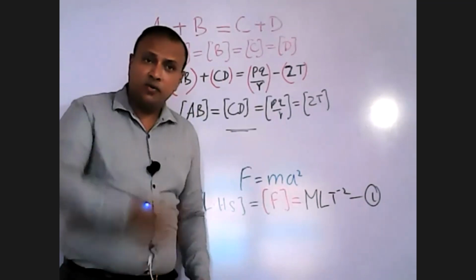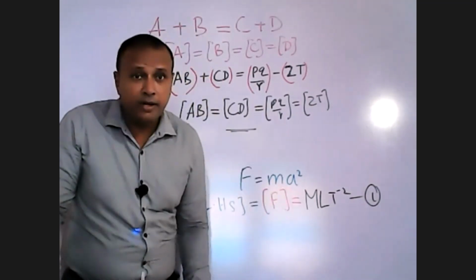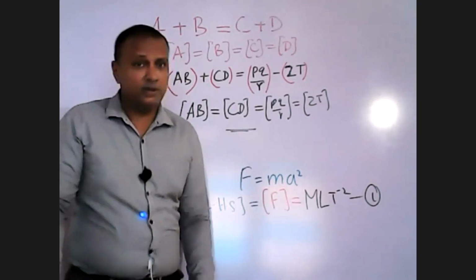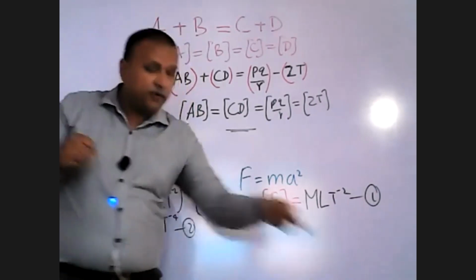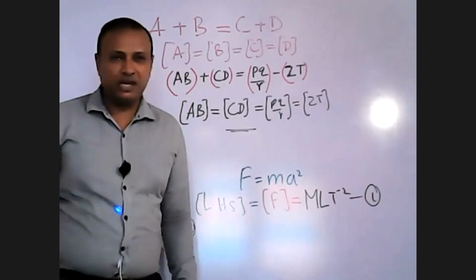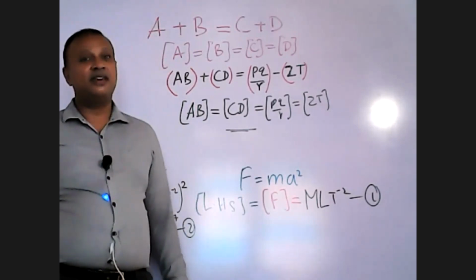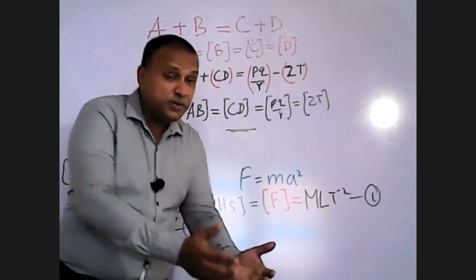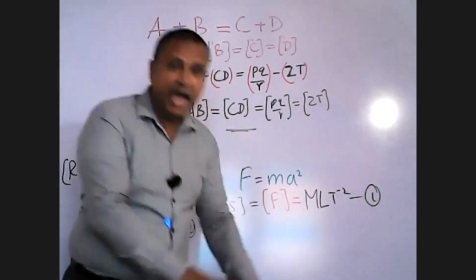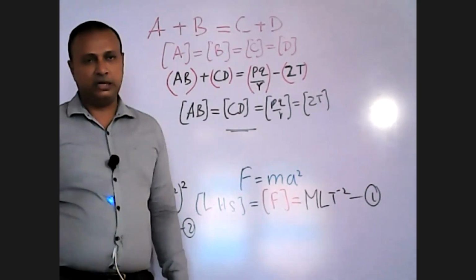Can you add 5 seconds to 5 kilogram sugar? You cannot add. Can you subtract 5 seconds from 5 kilograms sugar? That is the thing. We cannot subtract or add two different physical quantities.